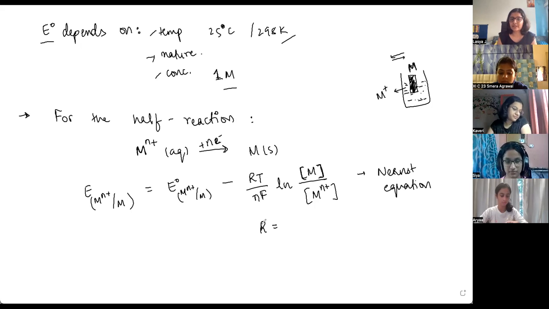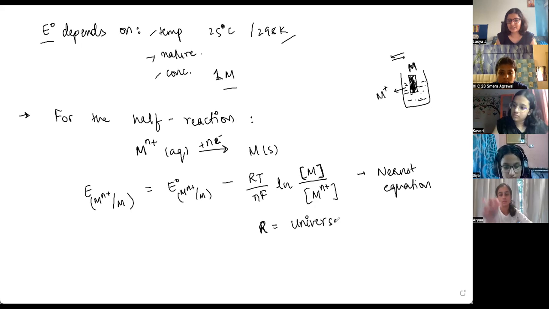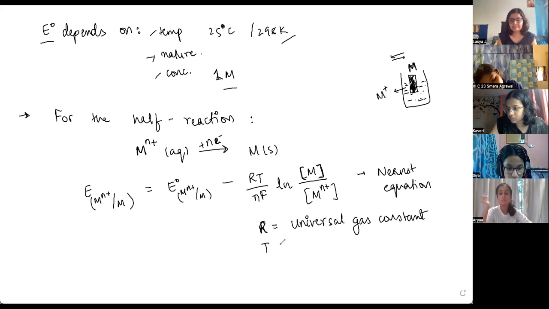Okay, so what is R in this equation? Yes, a constant. R is everywhere the same thing, the universal gas constant. Okay, T: temperature.